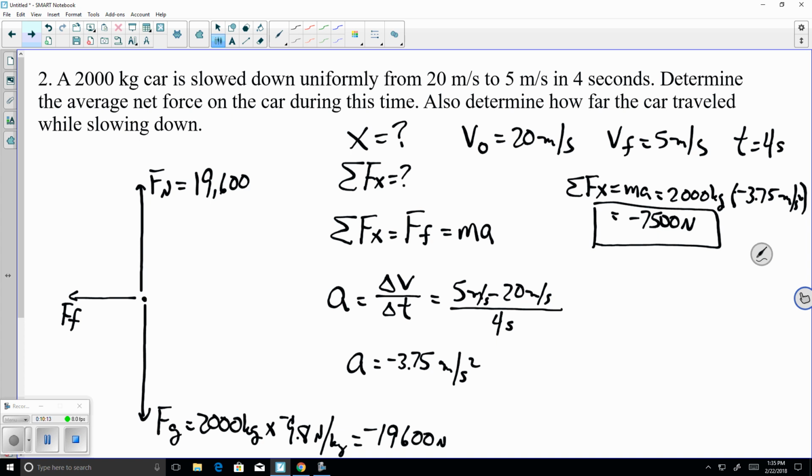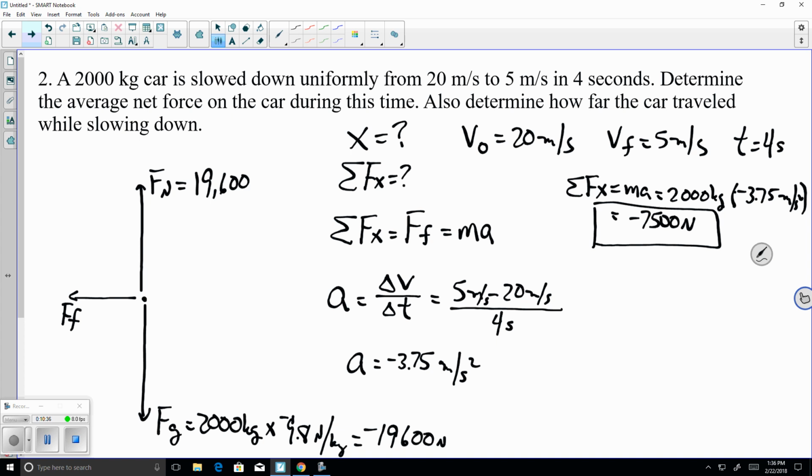And now for the second part of the answer, we want to know how far the car traveled while slowing down. So I need to go up and look at my motion equations. I need to find one that has x in it. And both the second formula and the third formula have x in them. The second formula is x equals 1/2 at squared plus VOT plus x0. Okay. I could use that.